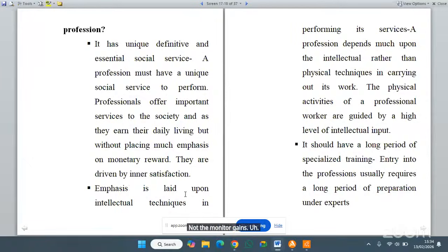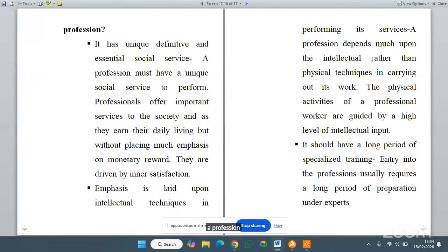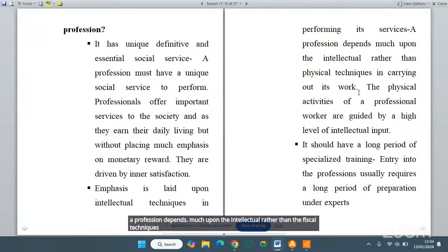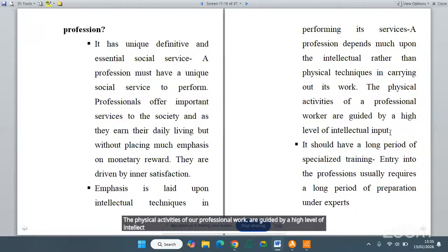Another characteristic is that a profession lays emphasis upon intellectual techniques in performing its services. A profession depends much upon the intellectual rather than the physical techniques in carrying out its work. The physical activities of a professional work are guided by a high level of intellectual input.